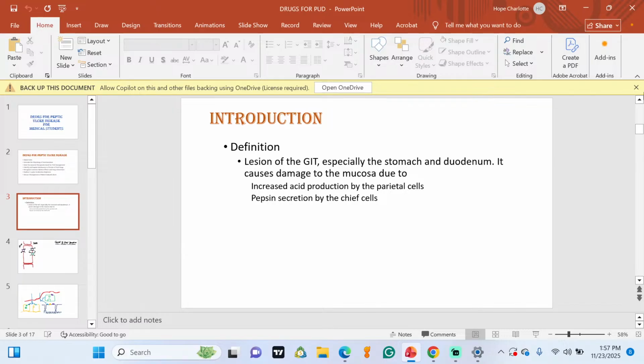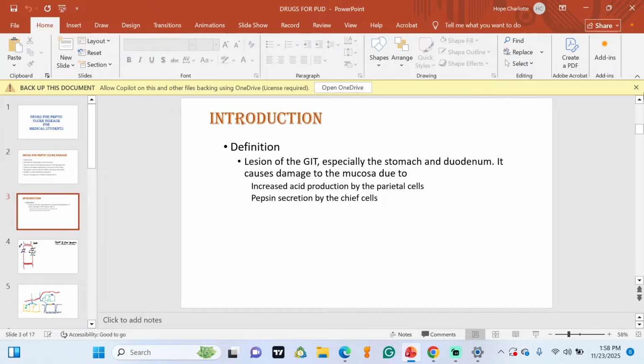These two have similar presentation. However, they have some differences as per the location of the ulcer, how the symptoms present, and so on and so forth. Let's examine the difference between the two entities of peptic ulcer.